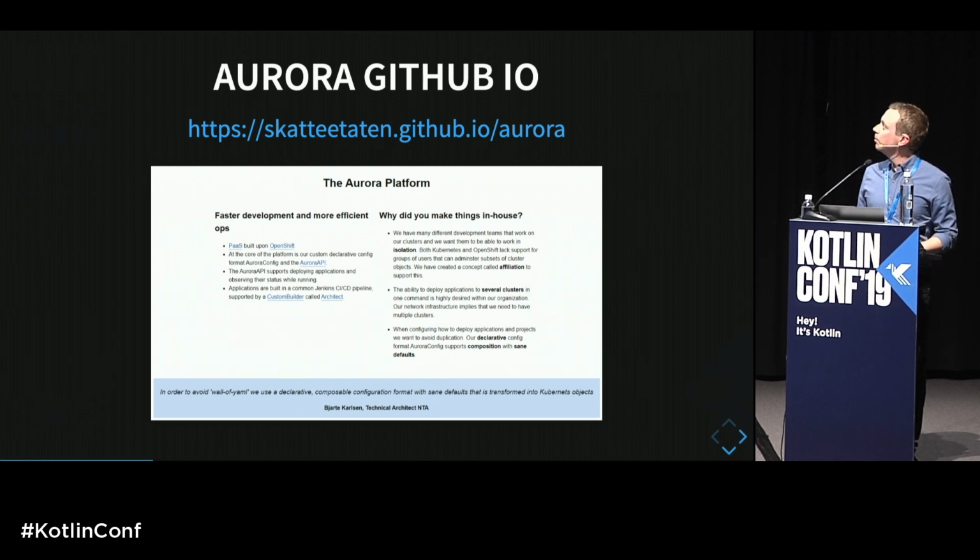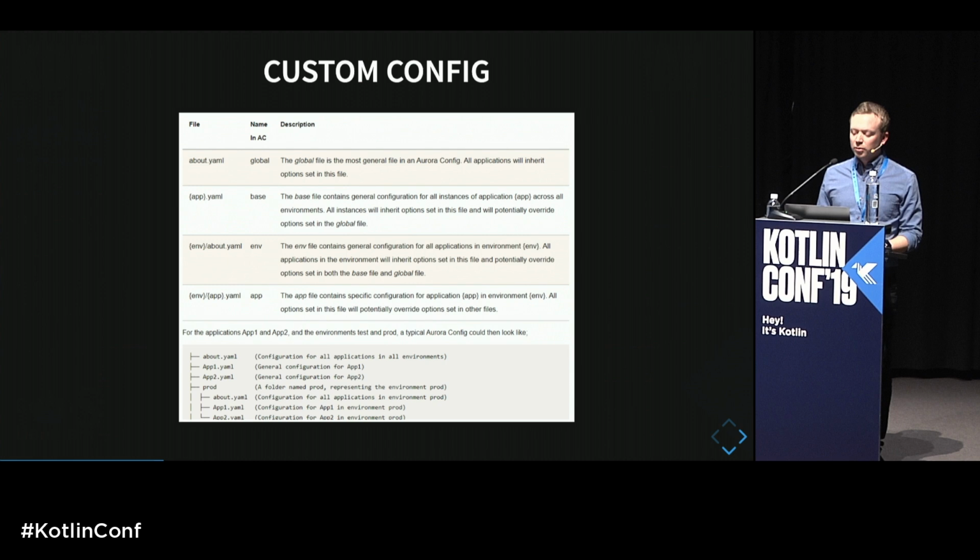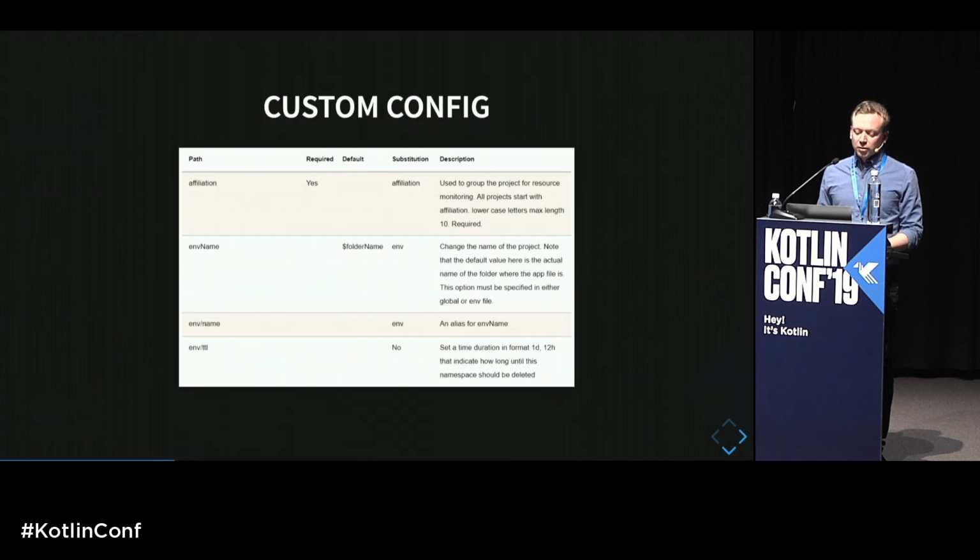We also have some sort of justification: why did we create the Aurora platform? What is the Aurora platform? And stuff like that. If you want to read more, please go to the GitHub IO pages. We also have a bunch of documentation on our custom config. We're not going to go into details on this here, but this one shows the file hierarchy, and this one shows the properties you can set in the files.